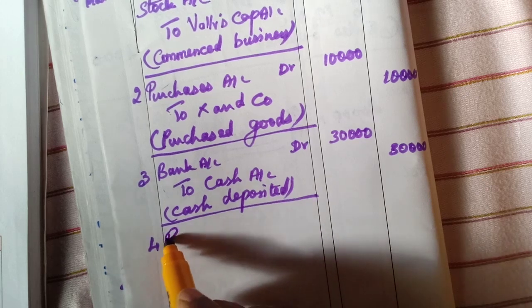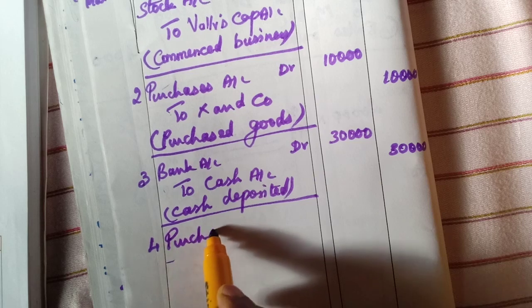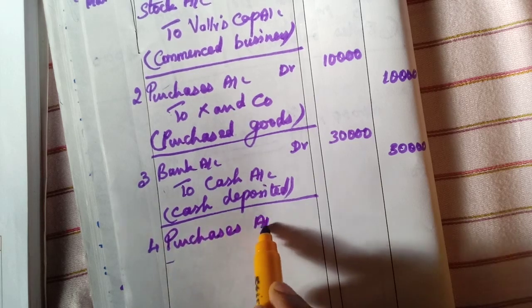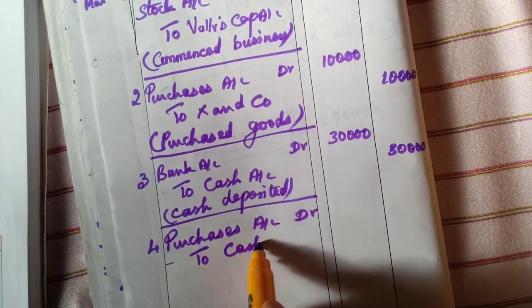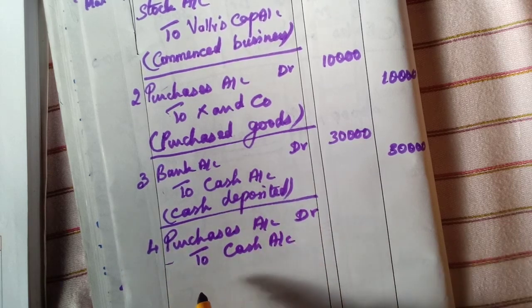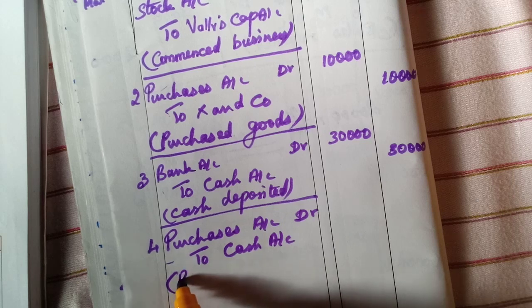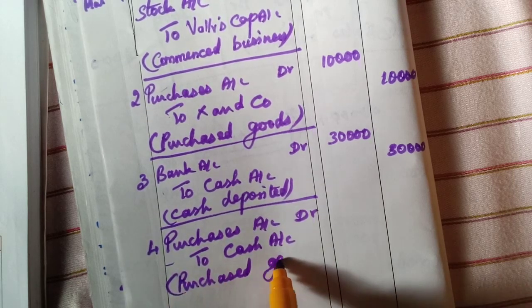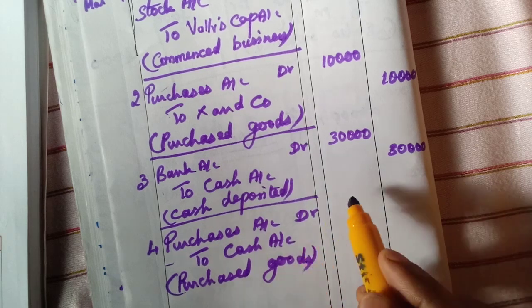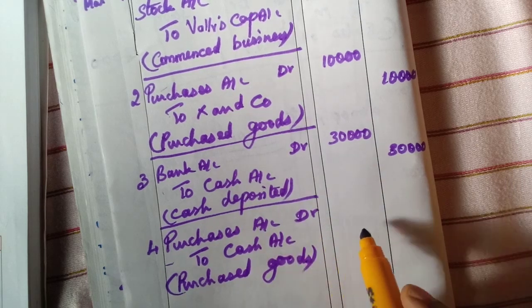So purchases account debit to cash account. Narration: purchased goods. 6,000.